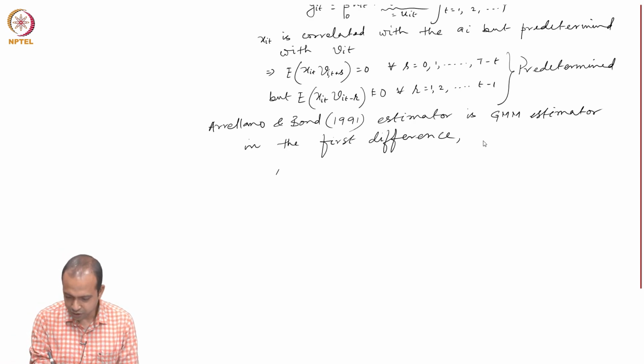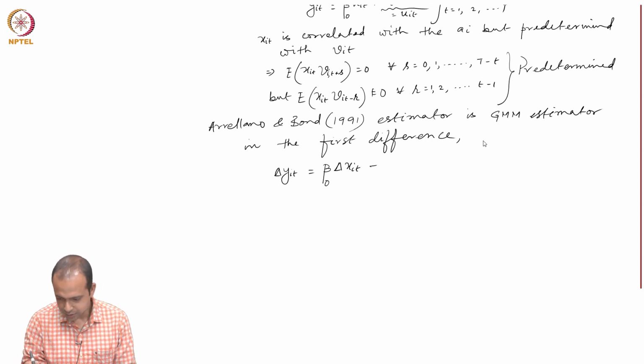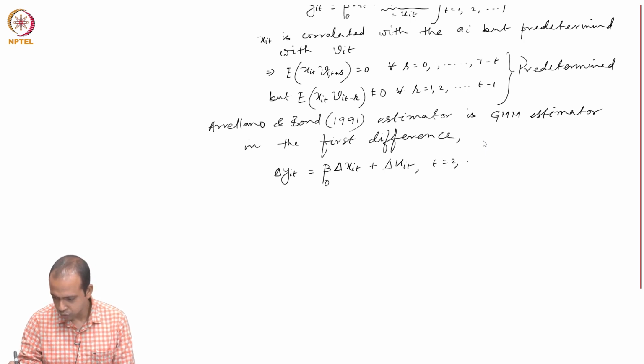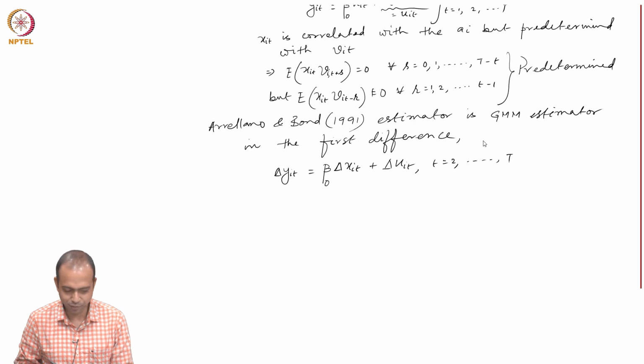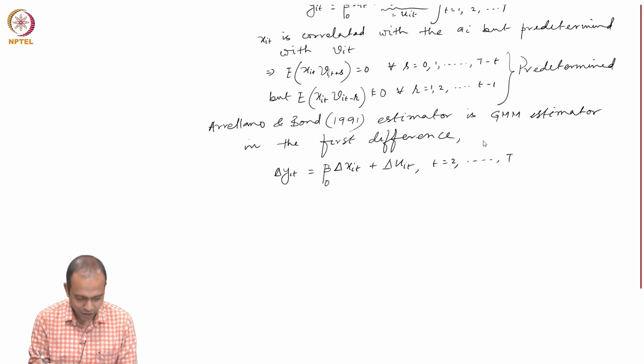So, what we did basically, delta y_it equals beta 0 delta x_it plus delta u_it, and t equals 2 to capital T, right. So, how many moment conditions?